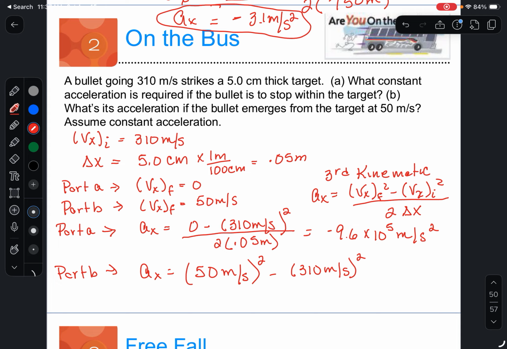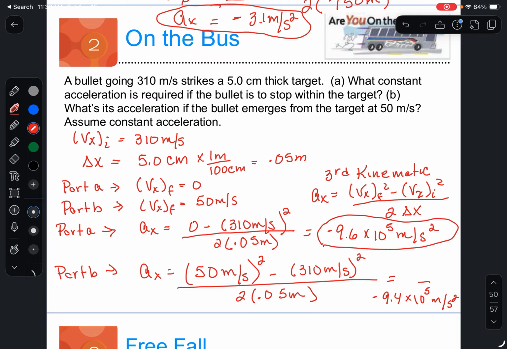That is just meters per second. Okay, and then we're dividing that by 2 times 0.05 meters. And so for part B, you get an acceleration equal to negative 9.4 times 10 to the 5th meters per second squared. So this would be your answer for part A, and this is the answer for part B.